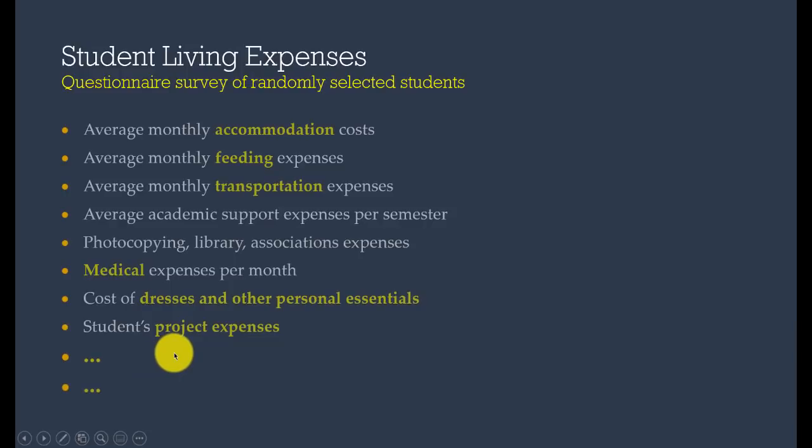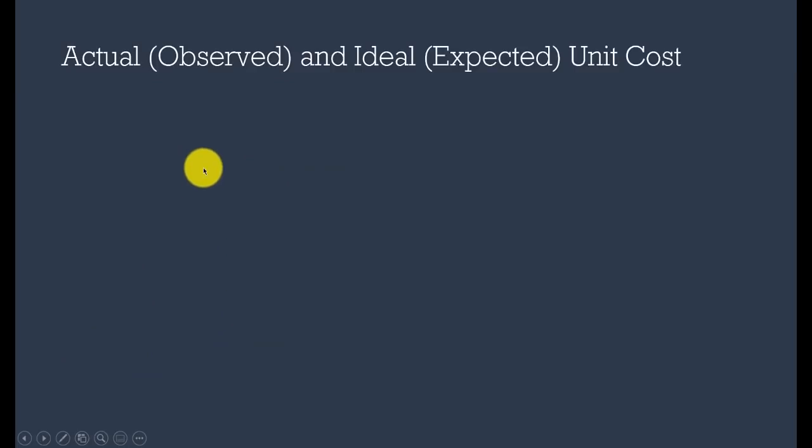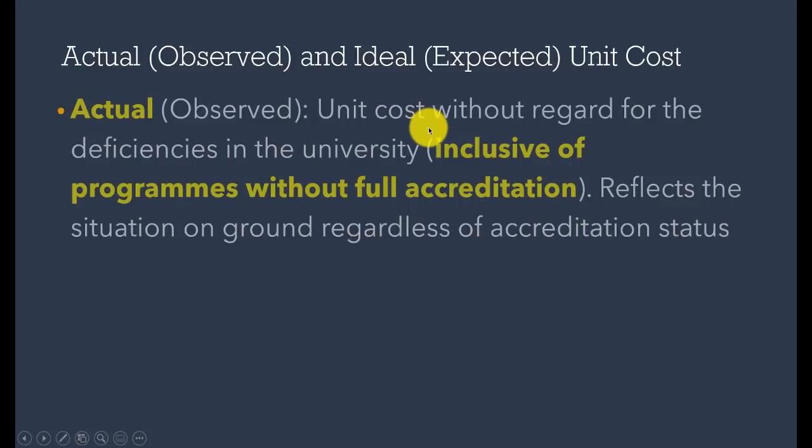So you get the data from here, and then we came to a conclusion in NUC in 2001, when God gave me the opportunity to be the executive secretary of that commission. We were the first to blaze the trail about unit cost. And we said, look, actual unit cost is what we have just calculated, but there should be an ideal expected unit cost. So what's actual unit cost? The actual one is what you observed.